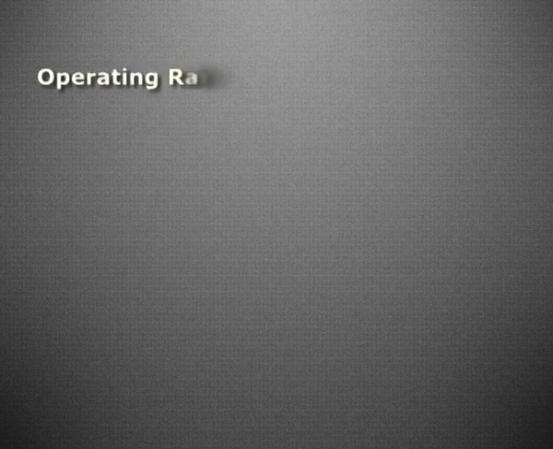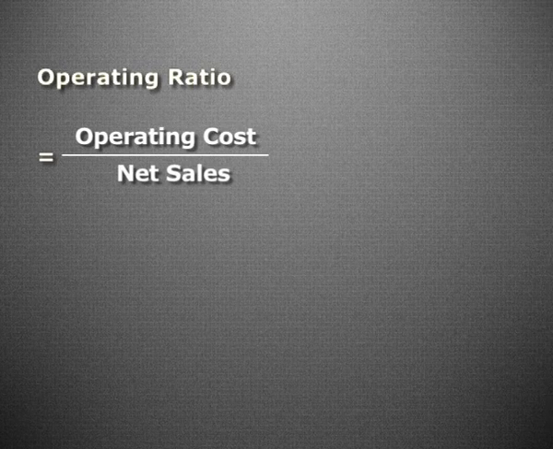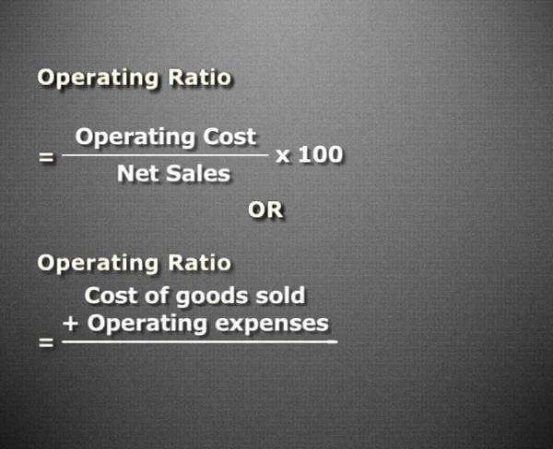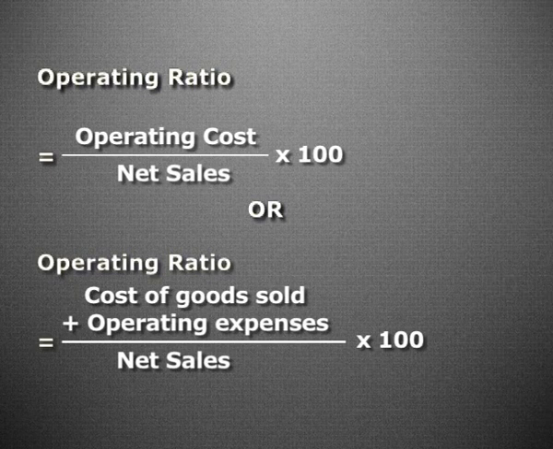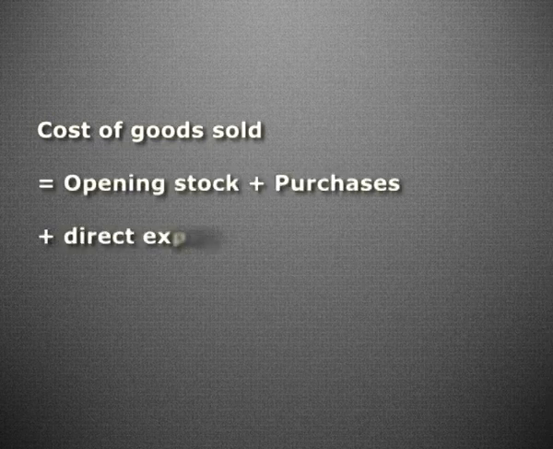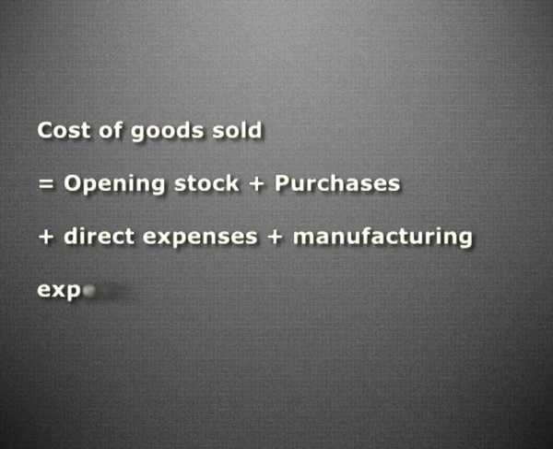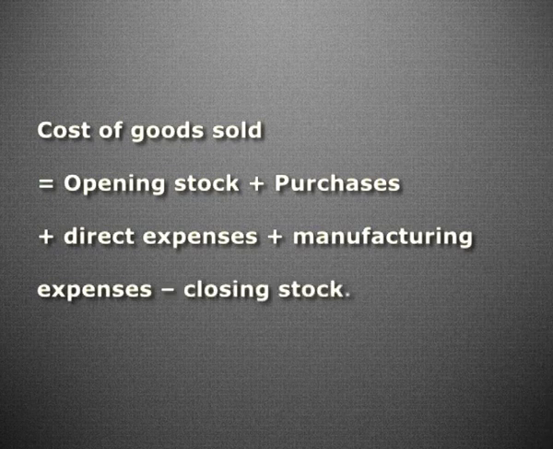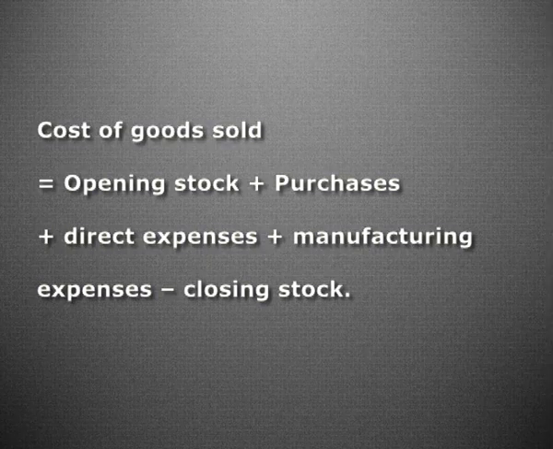Operating ratio is equals to operating cost divided by net sales into 100, or operating ratio is equals to cost of goods sold plus operating expenses divided by net sales into 100, where cost of goods sold is equals to opening stock plus purchases plus direct expenses plus manufacturing expenses minus closing stock.